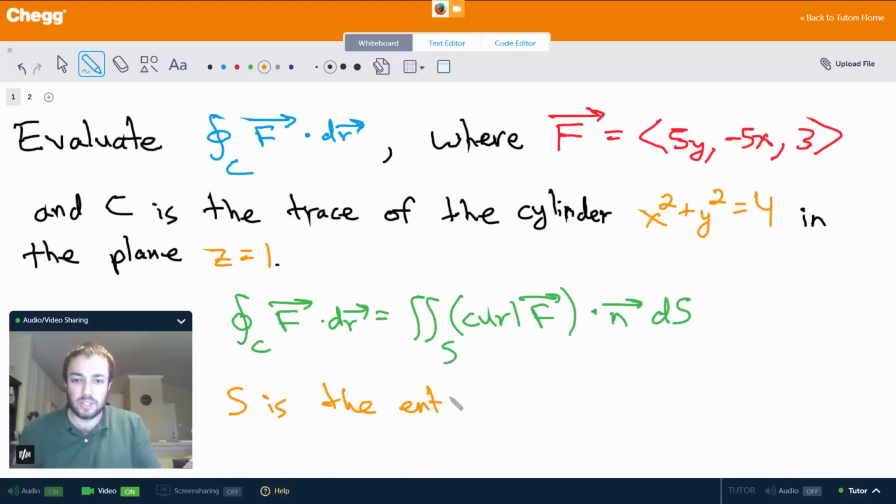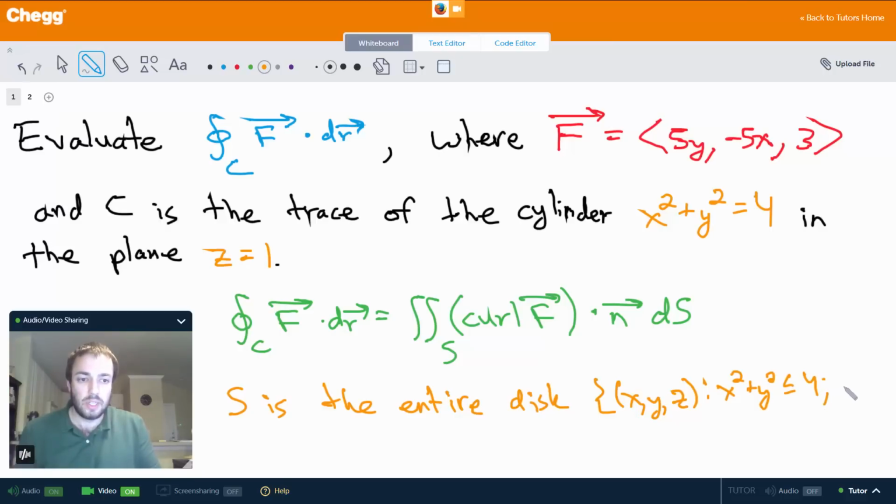S is the set of all (x, y, z) such that x squared plus y squared is less than or equal to 4 and z equals 1. So it's the intersection of this infinitely tall cylinder's interior with the plane z equals 1, and the surface S is the entire disk, both the boundary and the inside of the disk.